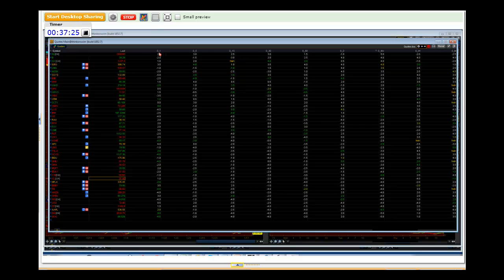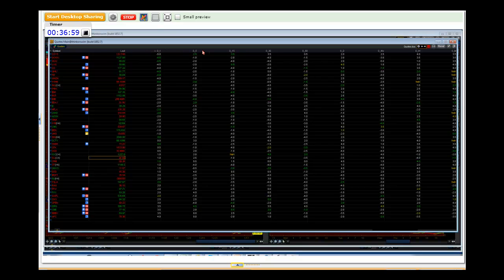You can break it down on a 1 minute all the way to a monthly time frame. Here's a monthly. So I've got it set to 1 minute, 5 minute, 15, 30 minute, 60, daily, 4 hours, weekly, monthly. And with that, I can just take a look, and I can sort by time frame.